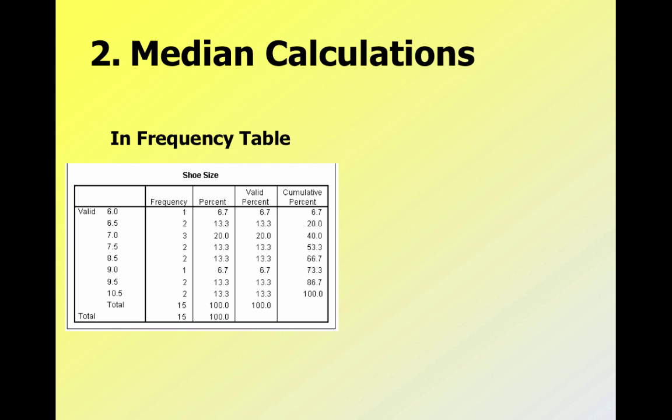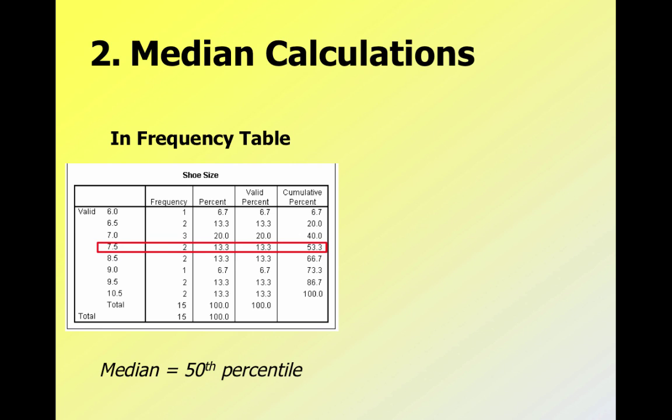But if we're looking at 7.5 shoe size, we see that the cumulative percent is 53.3%. So that means that the 50th percentile falls within 7.5 shoe size because we've passed the 50th percentile. In fact, 53.3% of our total valid sample have a shoe size of 7.5.